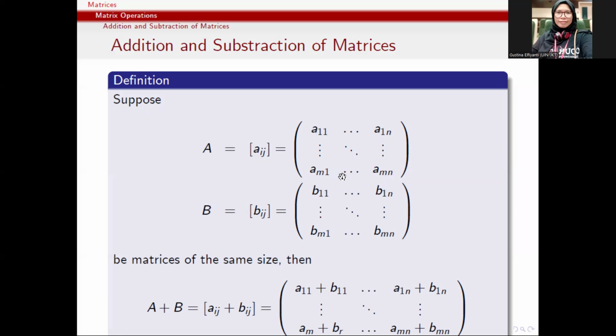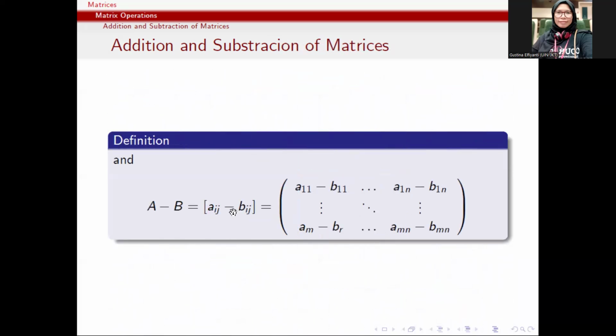It means that we add A11 with B11, then A12 with B12, and A1n with B1n. Also, we add Am1 with Bm1, and we add Amn with Bmn.